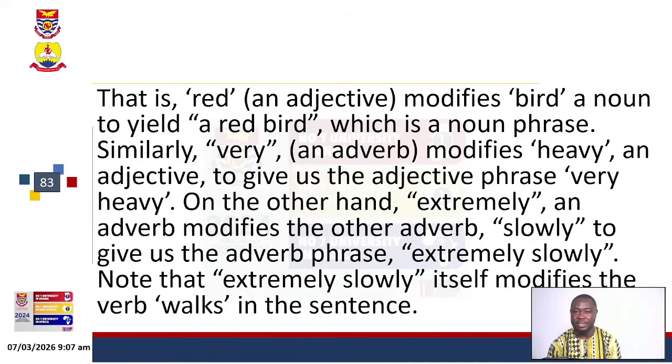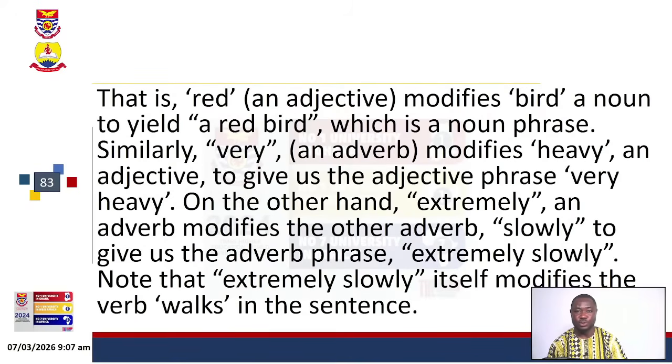On the other hand, extremely, which is an intensifying adverb, has been used to modify the adverb slowly, to tell that the slowness was extreme. Now you need to know that extremely slowly itself modifies the verb walks in the sentence.